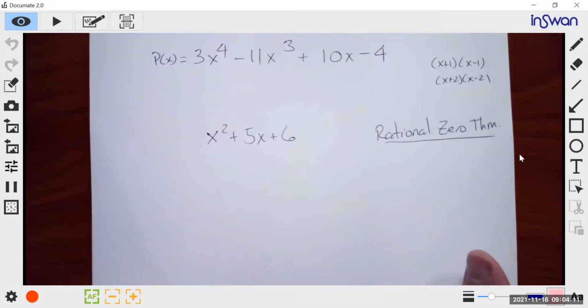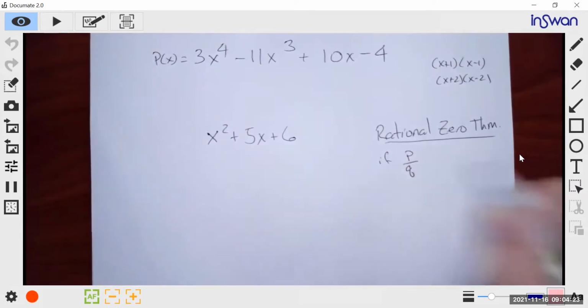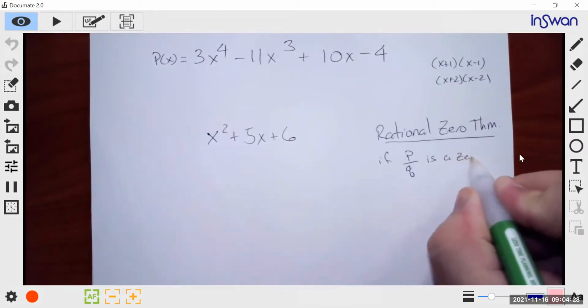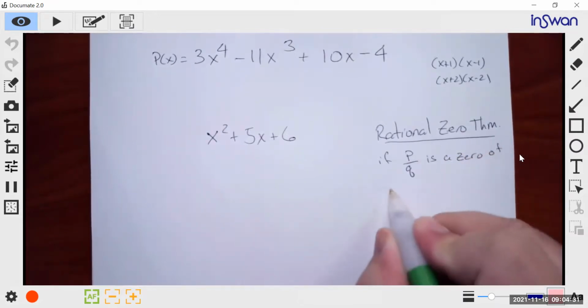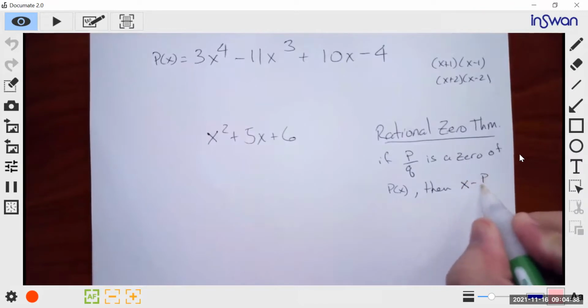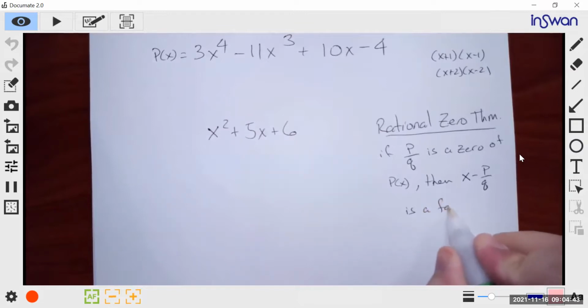Remember, every number is a rational number. 5 is a rational number, 5 over 1. If the rational number p over q is a zero of P of x, then x minus p over q is a factor of P of x.